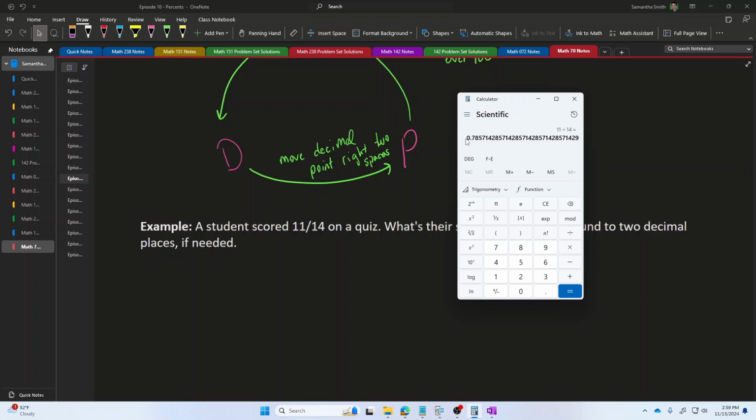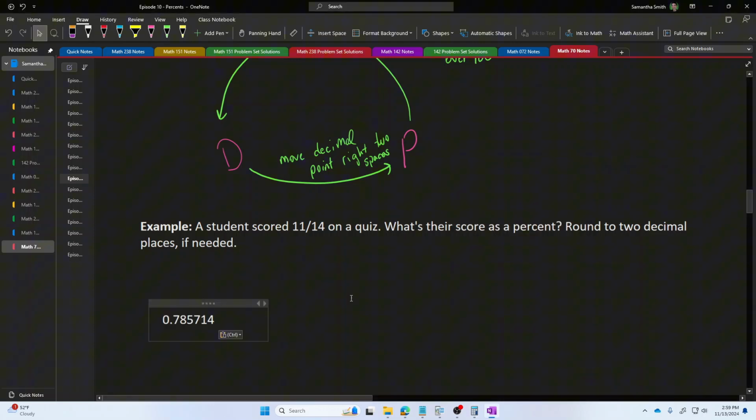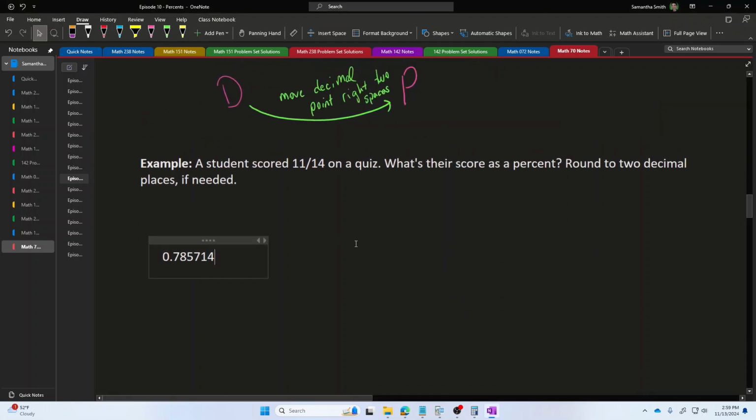0.7857 and some change. So let me steal this number. And this would be the decimal representation of 11 divided by 14, 11 out of 14. Now, to convert this decimal number to a percent, I am going to move the decimal point 2 places to the right.